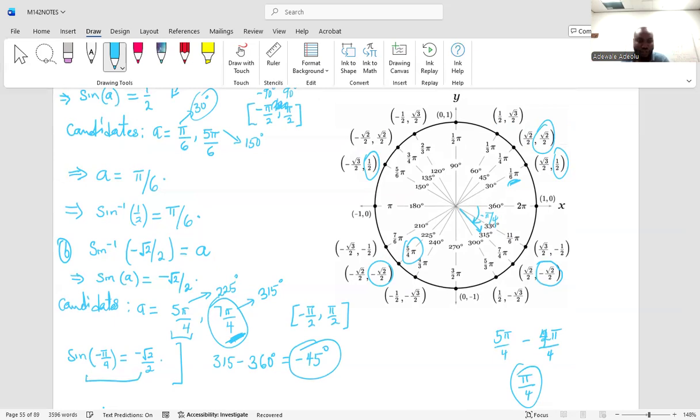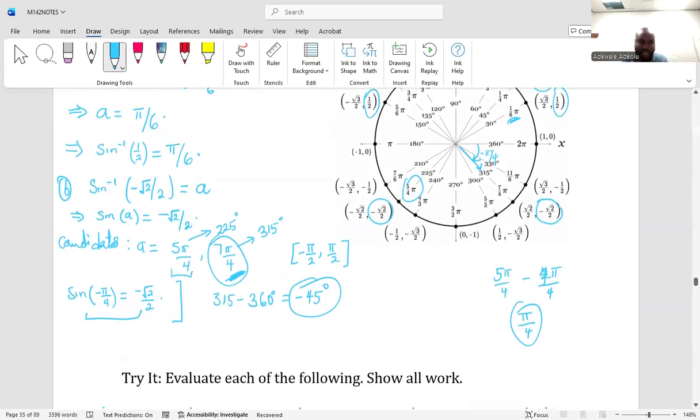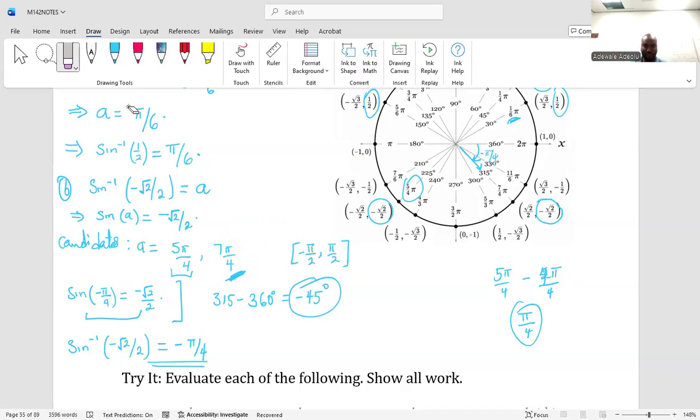So conclusively, I can claim that sine inverse of negative root 2 over 2 is negative pi over 4. Answer. Please try to make sense of this whole idea by yourself.